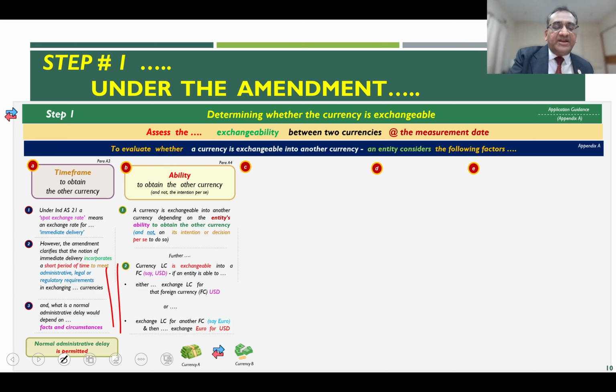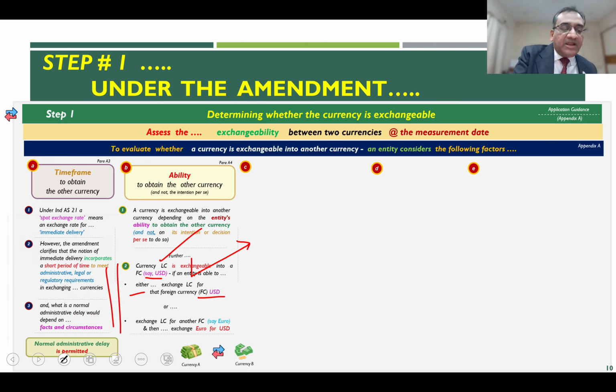So now you read it. Currency LC, in our example INR, is exchangeable into foreign currency USD if the entity is able either to exchange local currency INR for that foreign currency USD. That is the direct exchange.